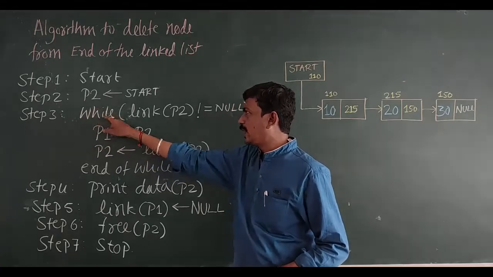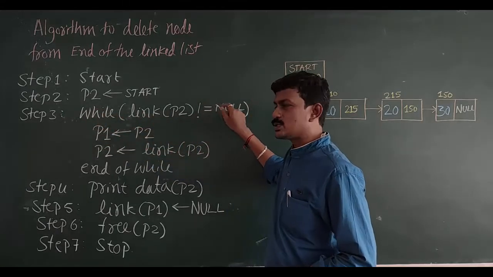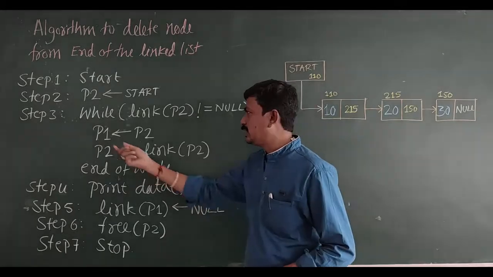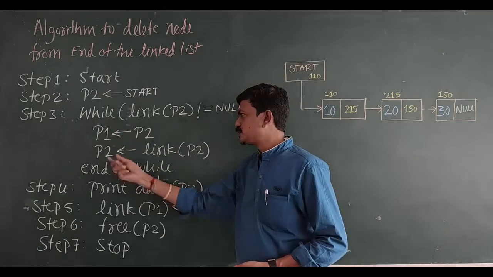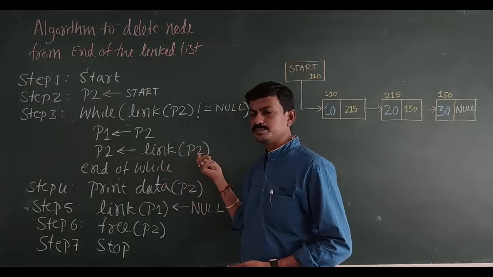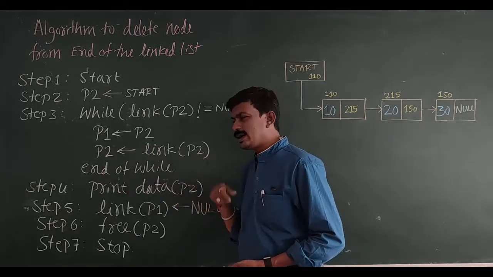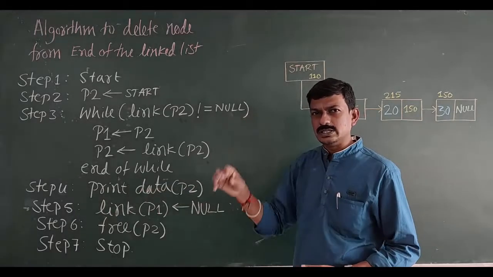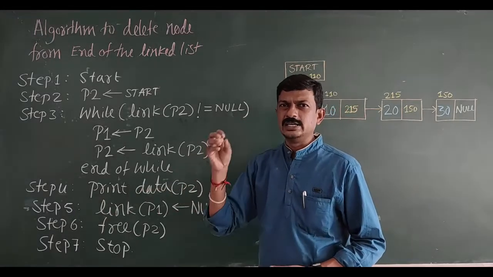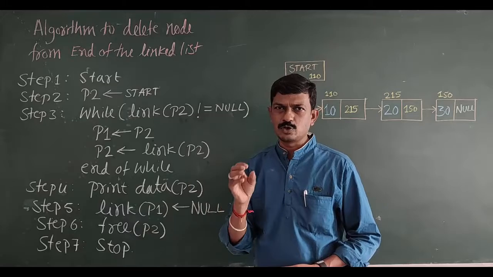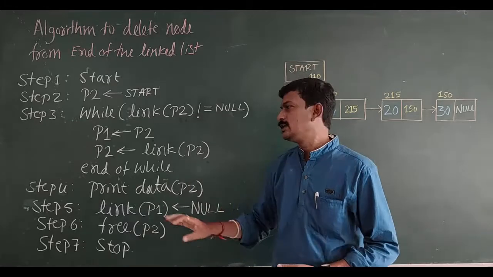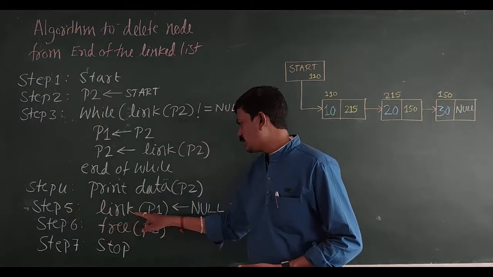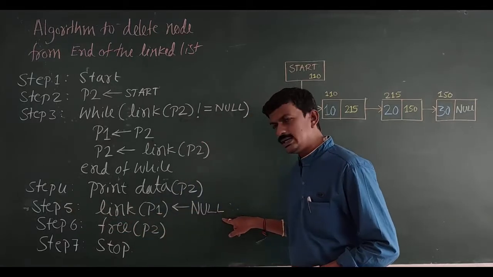Step 3, while link of P2 is not equal to null, P1 equal to P2, P2 equal to link of P2, end of while. Step 4, print data of P2, the node which I want to delete. Before deleting, I am printing the content of that particular node. Step 5, link of P1 equal to null.